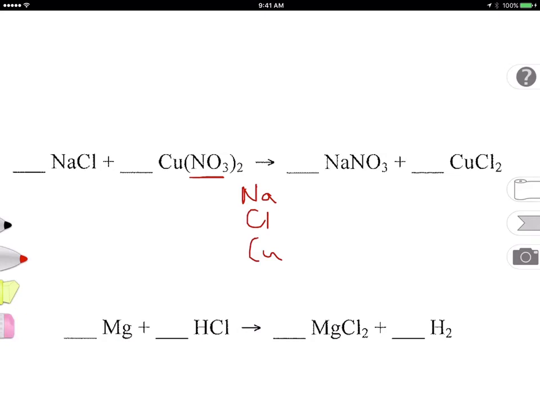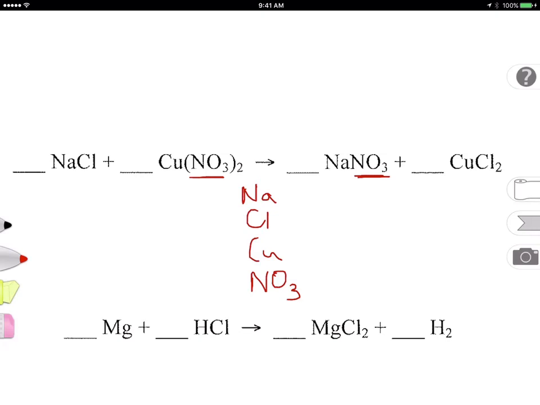So the tip is if you see NO3 on the back side, which is right there, as long as they're the exact same, instead of breaking it up into nitrogen and oxygen, we're going to write in our atom inventory NO3, and we're not going to break it up. And that'll make balancing a little bit easier. But it has to be the same polyatomic on either side. It can't break up or anything in order for that trick to work.